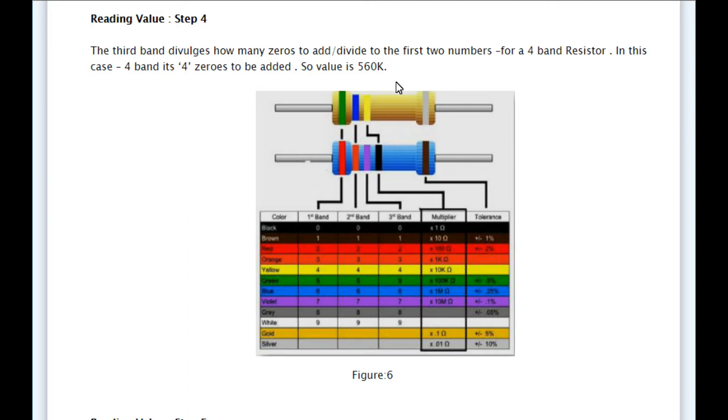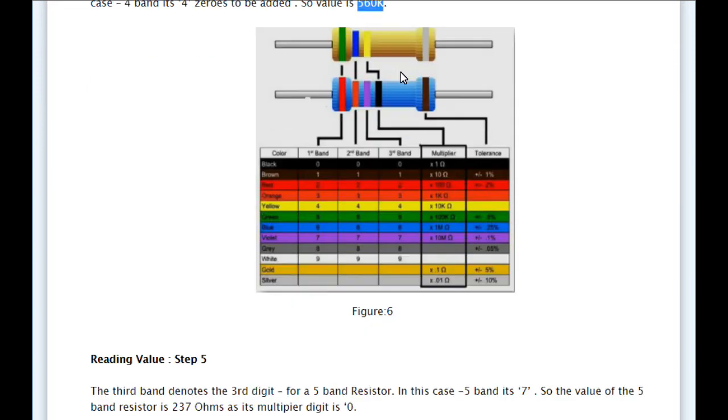So 5, 6 and 10 to the power 4 means 560,000 ohms. After multiplying by 10 to the power minus 3, it comes in kilo ohms. So your entire total value is 560 kilo ohms.